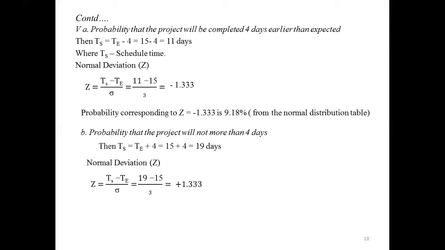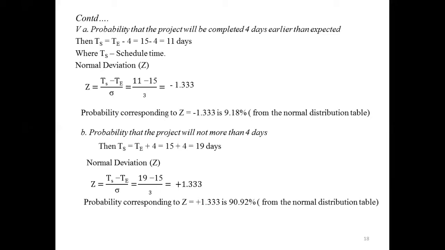TS is 19, TE value is 15, divided by 3, you will get plus 1.33. Then the probability corresponding to Z equals plus 1.33 is 90.92 percentage. That is from the normal distribution table.